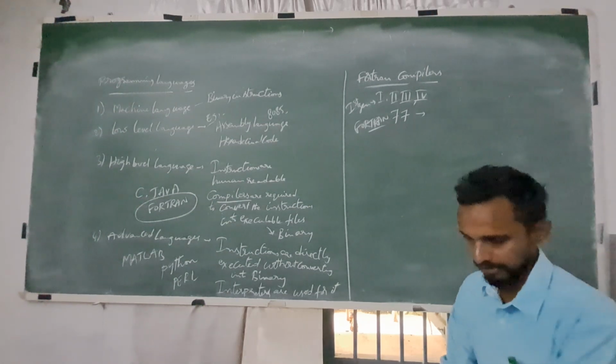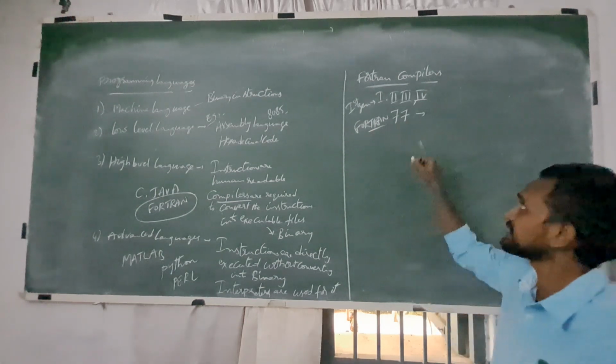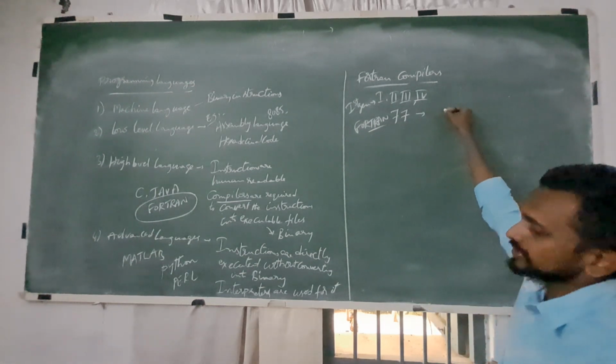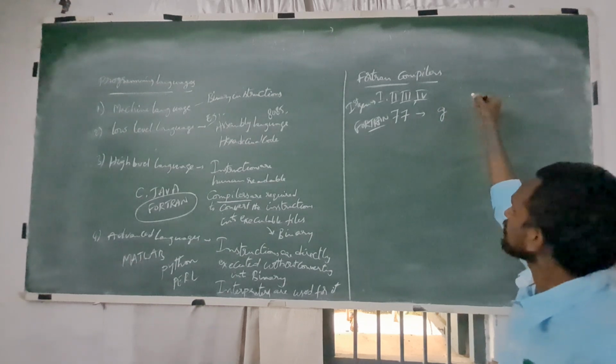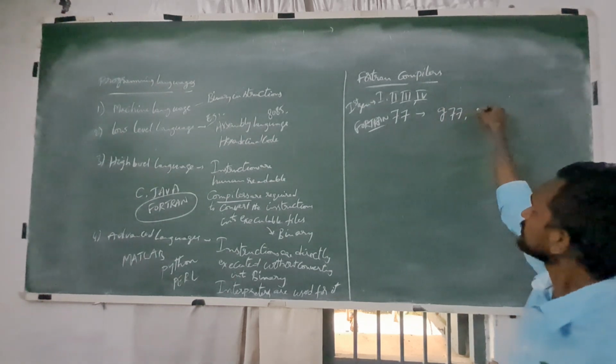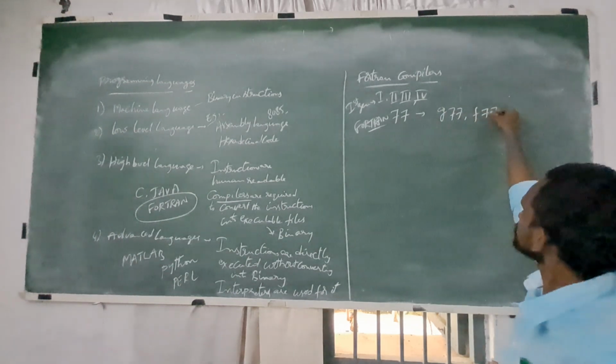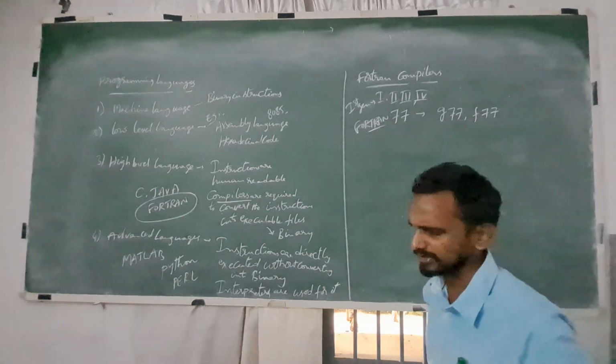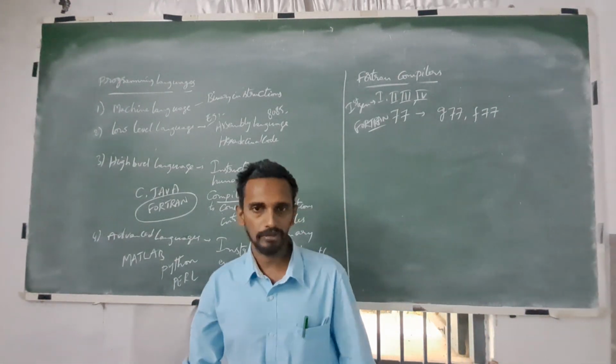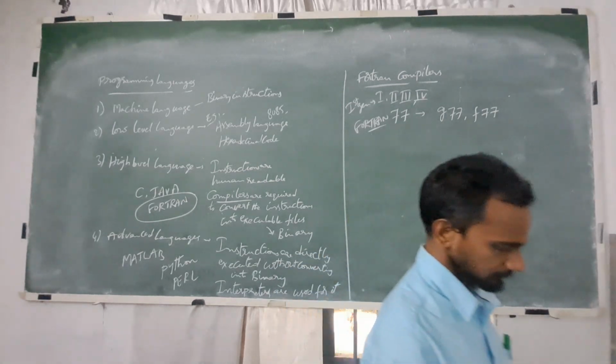So this is FORTRAN 77. Different people have developed this 77 compiler. Based on that, the compiling command is G77, F77. These are usual FORTRAN compiling commands.